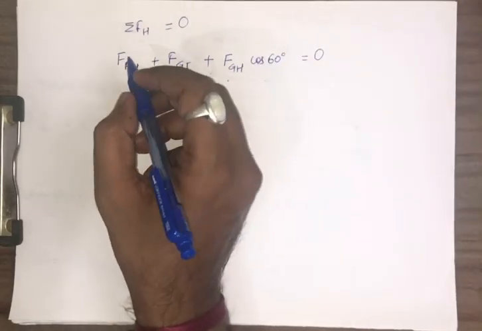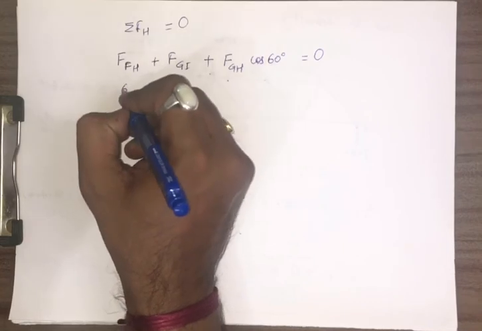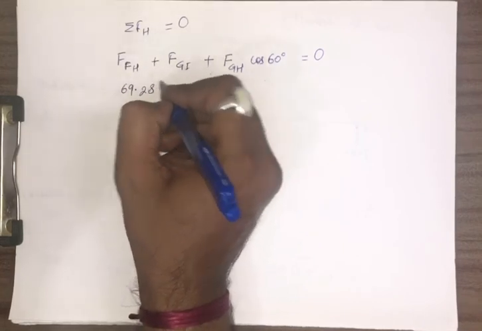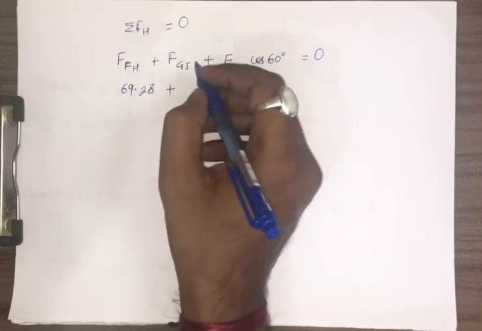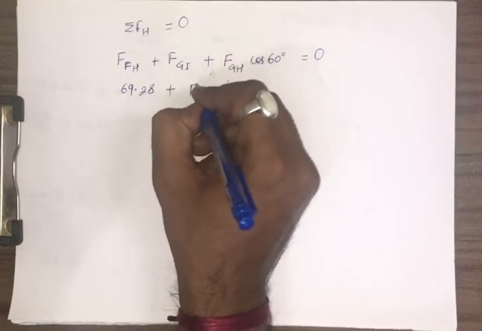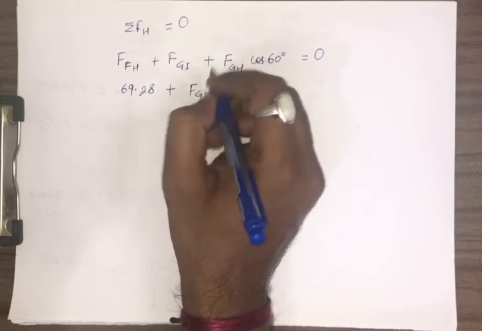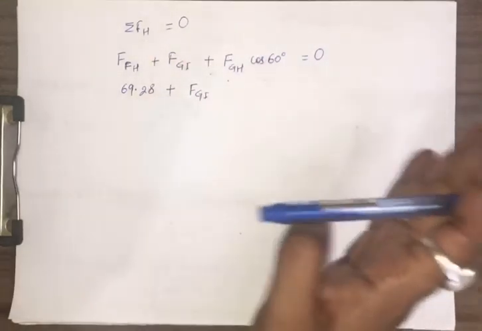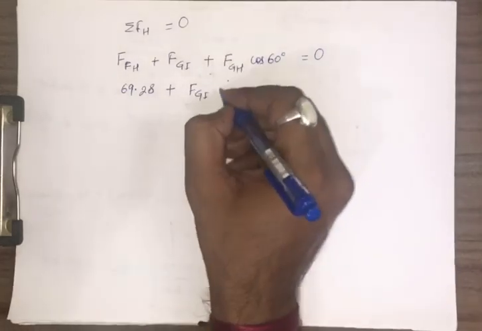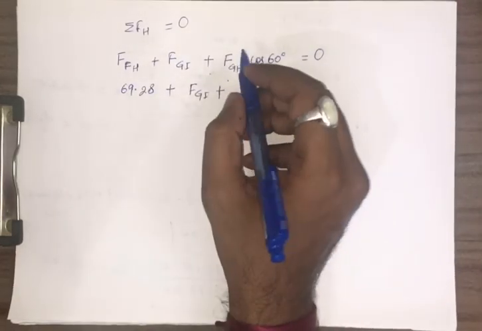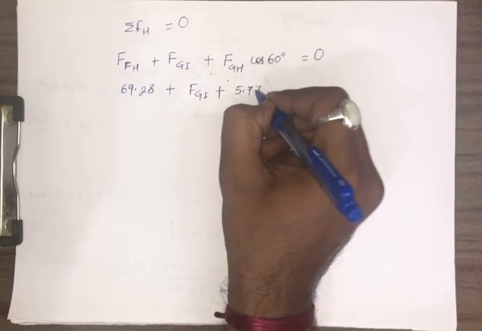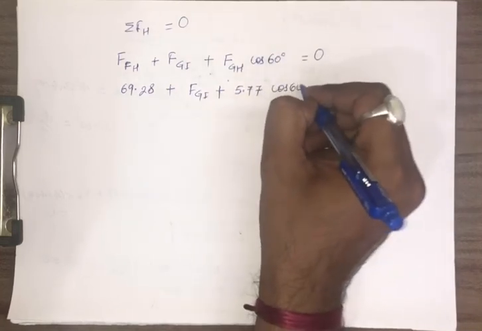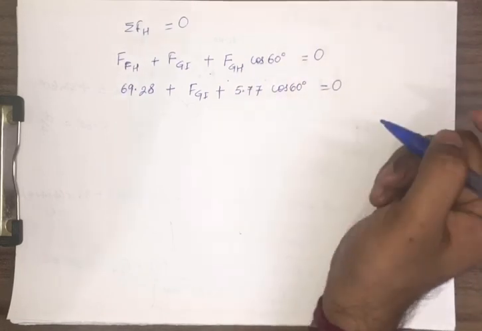So F_H we have calculated already. This is 69.28 plus F_GI, this we have to calculate. The direction we have assumed is towards positive horizontal direction. GH we have calculated, 5.77 cos 60 degree is equal to 0.